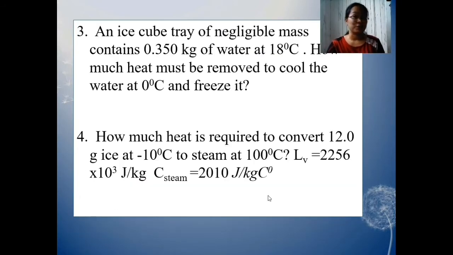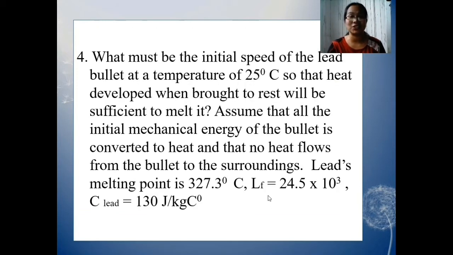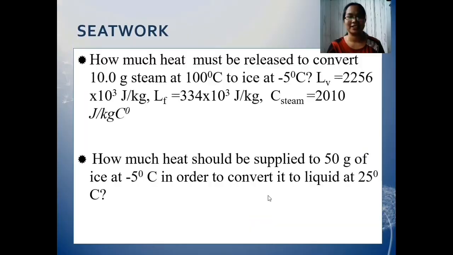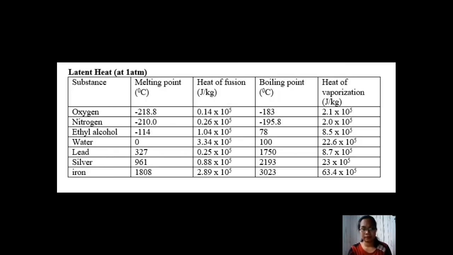Alright, so it's time to solve problems on phase change, and then later on, phase change and calorimetry. What you see now are different latent heats of different materials. When we say latent heat, that means it's the amount of energy or thermal energy needed for a substance to change its phase.